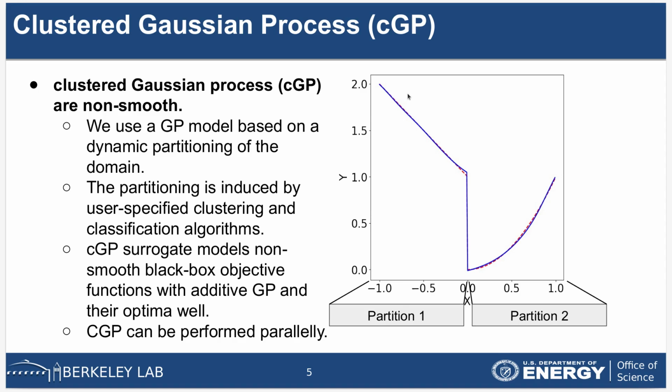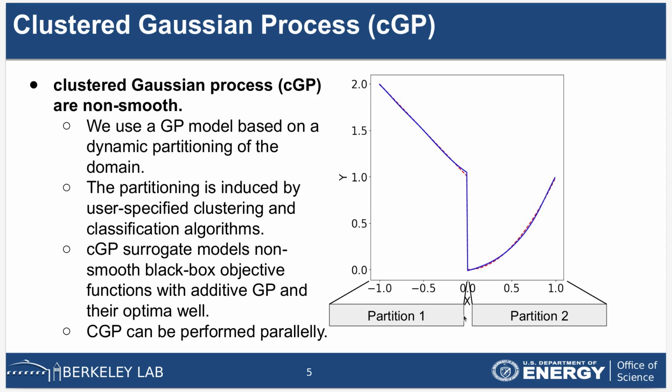Then we get a set of cluster labels, which we feed into a classification algorithm. The trained classifier will have a classifying boundary, which helps us divide the whole domain into more informative regimes. On each of these partition components, we fit independent Gaussian process surrogate models.